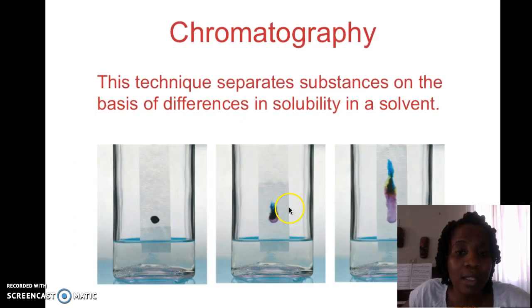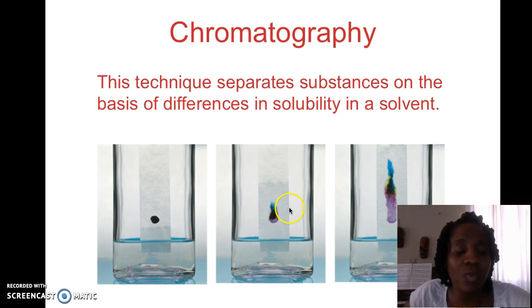Another technique that's important for you to recognize is chromatography. Chromatography relies on the difference in attraction between the components of a mixture with a moving medium and a stationary medium.